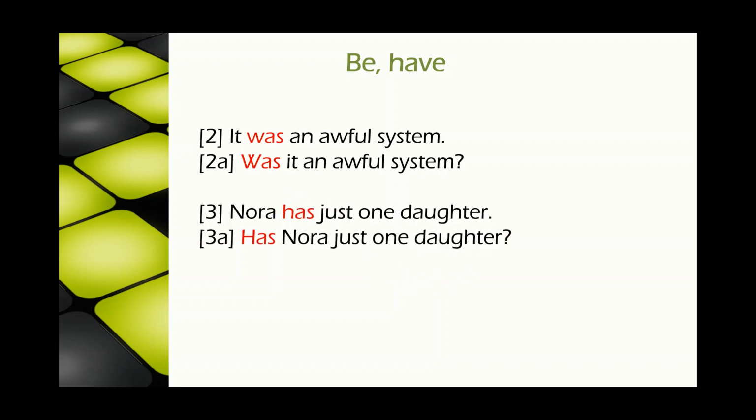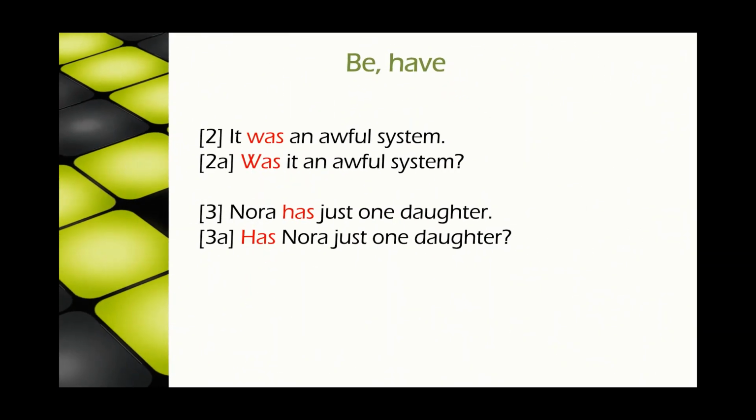In British English, you can use has as an operator to form yes-no questions, but in American English, this is not possible because they utilize the dummy operator do in order to negate the sentence, or in order to form yes-no questions.